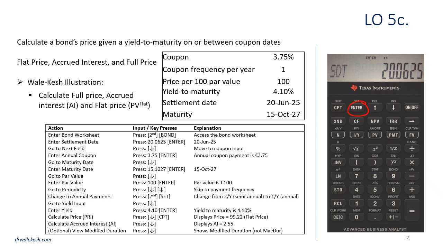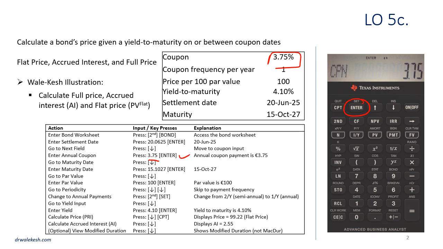Then you press arrow down, that's the arrow pointing down. We need to enter our coupon payment, which is 3.75, then enter.